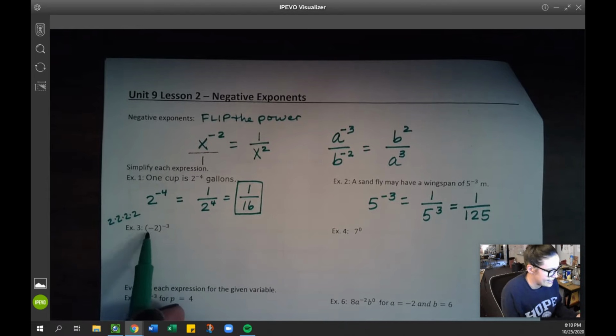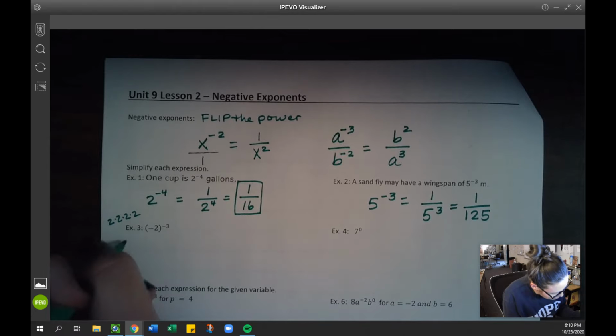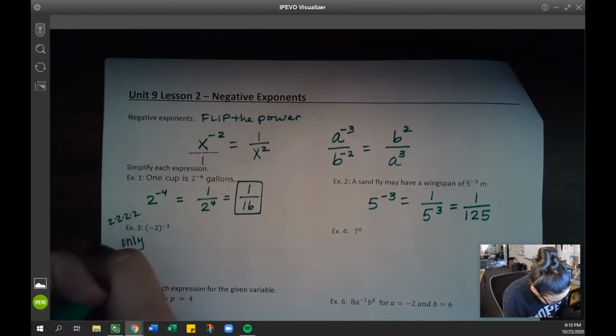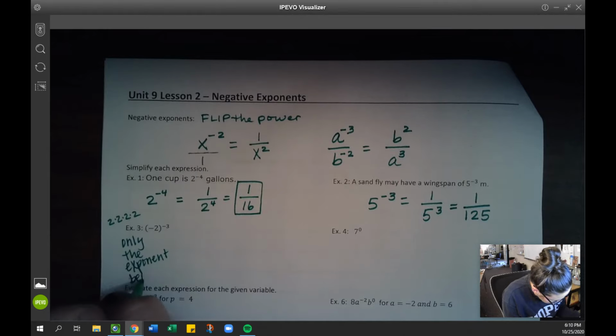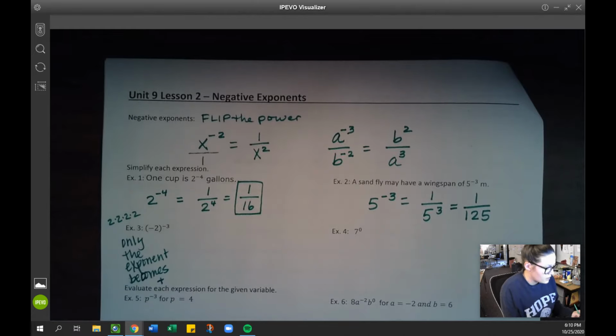Example 3 has negative 2 to the negative third. Now, when we flip, only the exponent becomes positive. So what I mean by that is our base is a negative number.